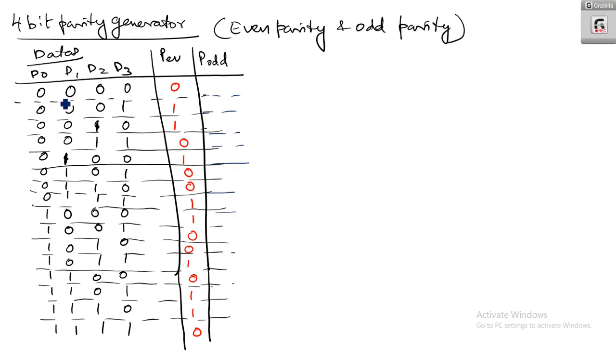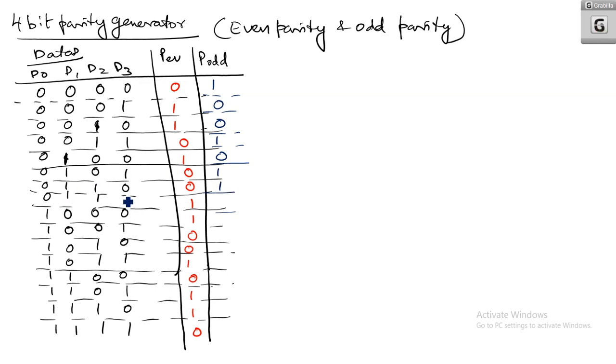0, 0, 0, 0. There are no ones, so you add a 1 for odd parity. 1, 0, odd number of ones. 0, 1, you add a 1. That means in total there are 3 ones.